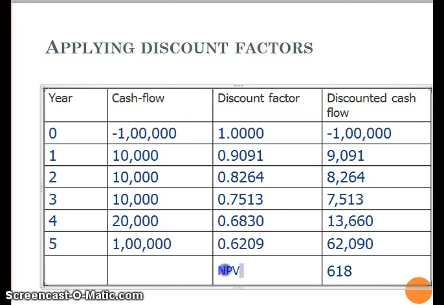And since it is net present value, you need to sum up all the present values and you will get a net present value. Net present value should always be a positive value. Only then you can get profit for the company, which means the company's value will be increased when you take up this particular project.